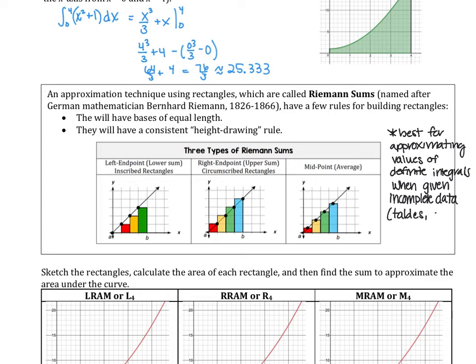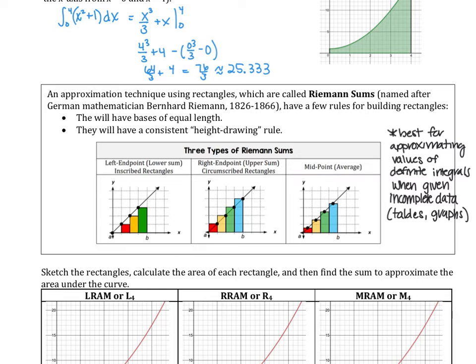Sometimes we don't have enough information to really know what our equation is, and so we can't calculate it by means of the integration techniques that we've learned so far. Sorry about that. And so Riemann sums would be the way that we'd want to go.